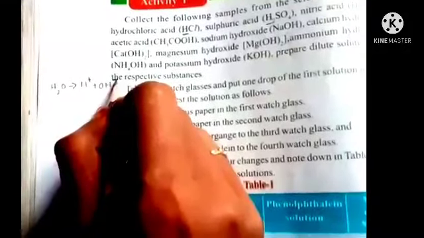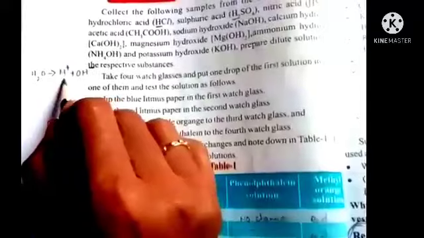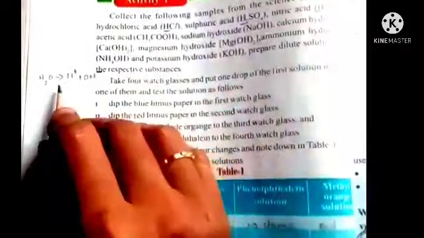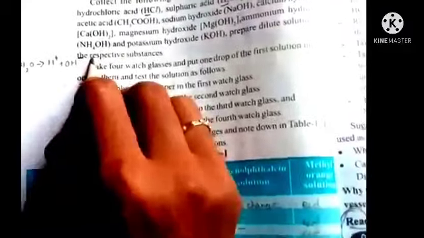Then what is the definition of the acid? Substances which, when dissolved in water, produce H plus ions are called acids. Substances which, when dissolved in water, produce OH minus ions are called bases.